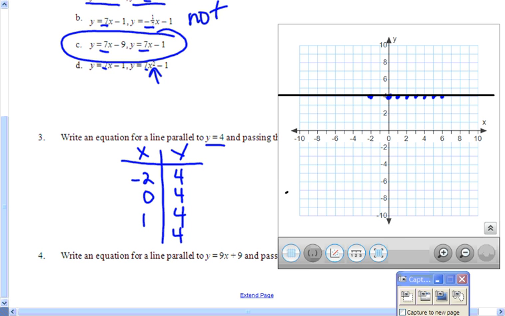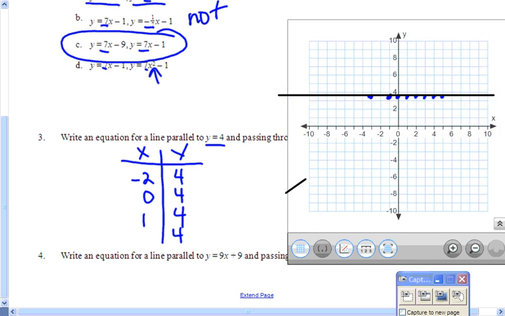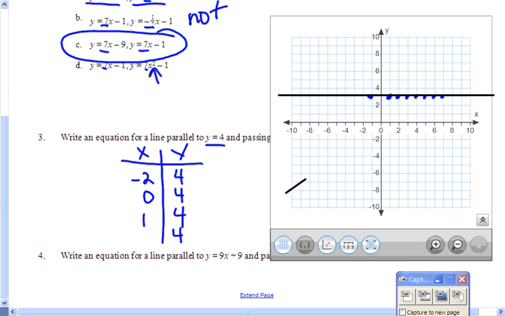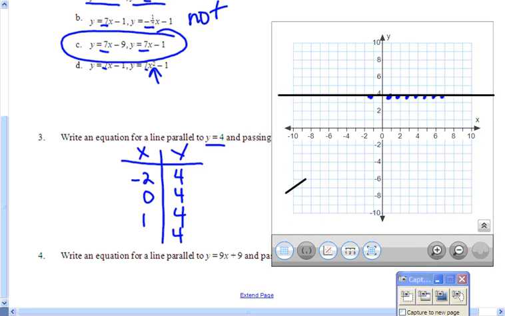Now we want it to pass through the point 5, 12. The point 5, 12 means you go over 5 up 12, so I'm a little bit off of this, but there's that point. And if it's parallel to this line, that means it's another flat line, and it goes through the point 5, 12.